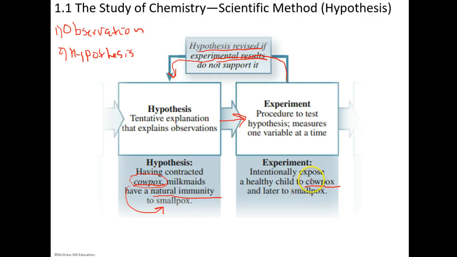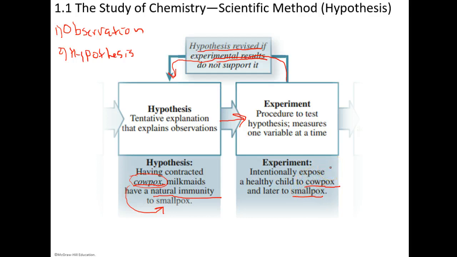This was a few hundred years ago, or 100, 150 years ago. So they intentionally exposed healthy children to cowpox, and then they exposed them to smallpox. Once again, it just keeps getting worse. But besides the moral issue, this is what they did.